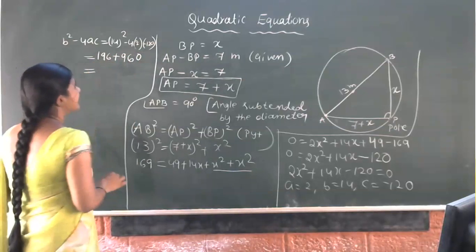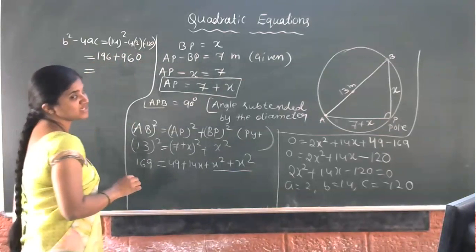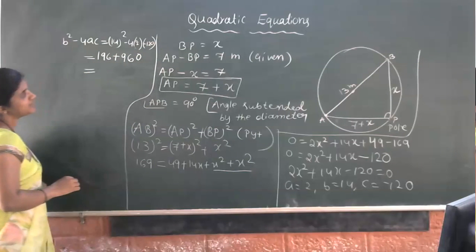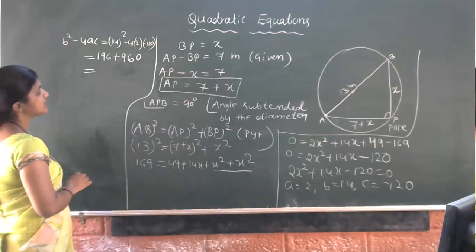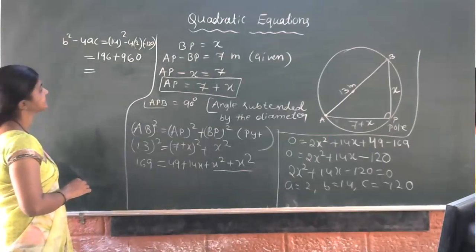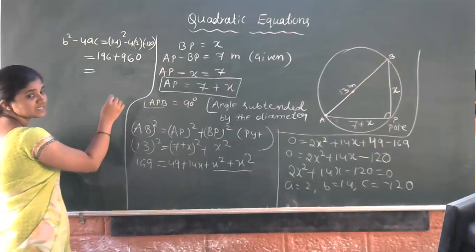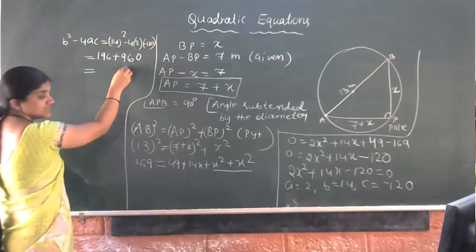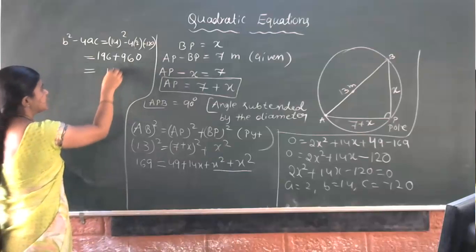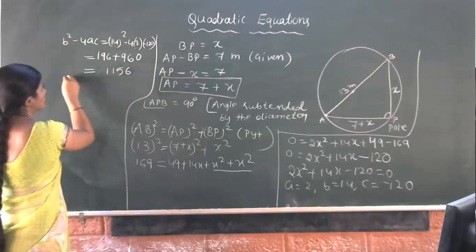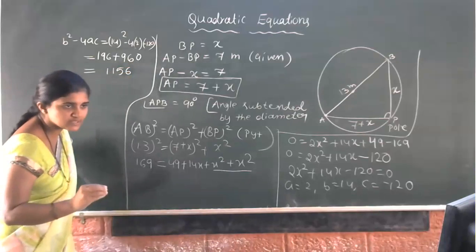Then 196 plus 960, how much? Fast. 1156. Okay, 1156 is a positive value.